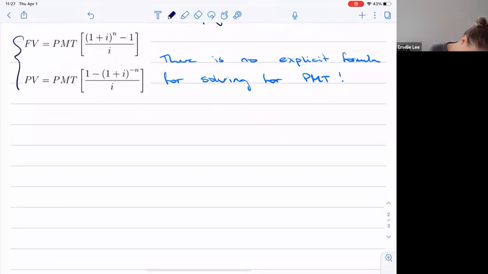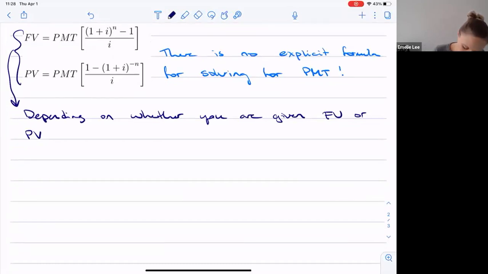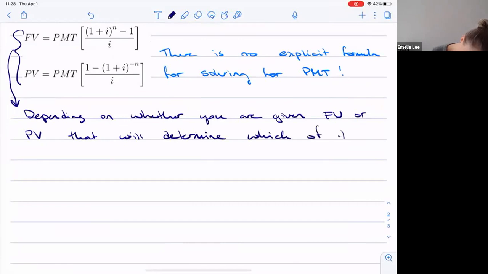So depending on whether you are given the future value or the present value, that will determine which of these formulas you use to solve for PMT.